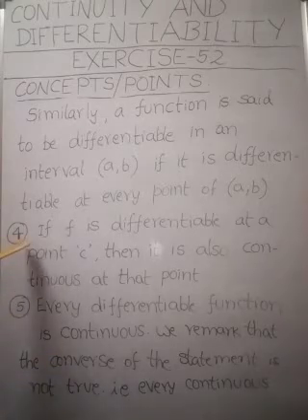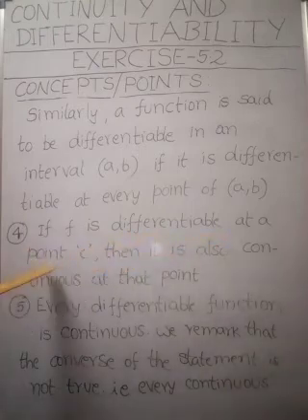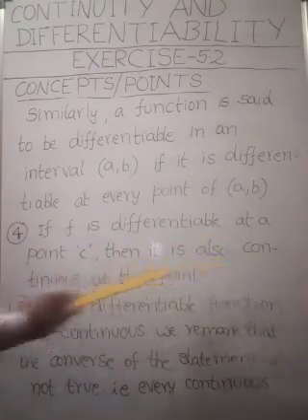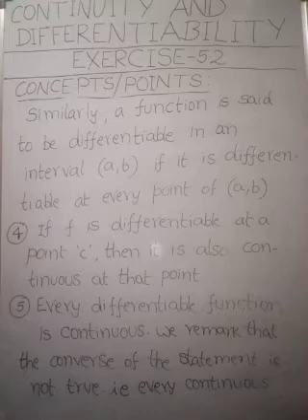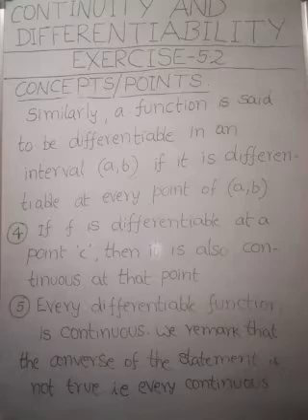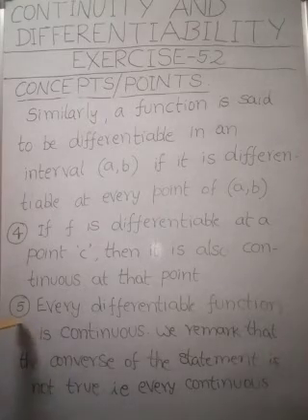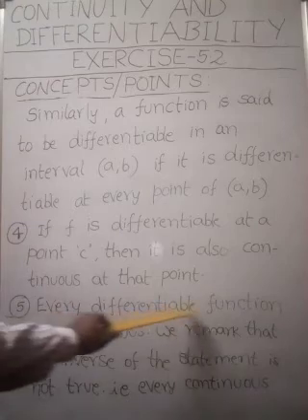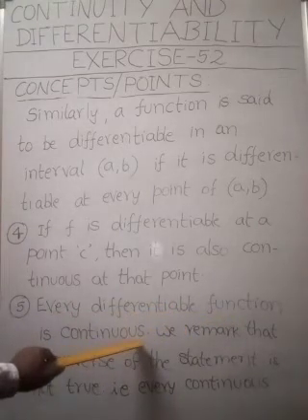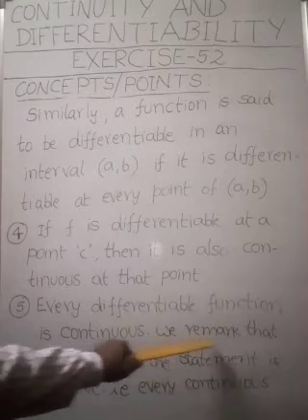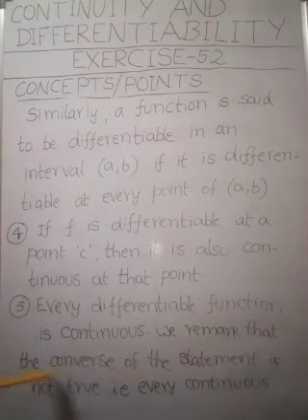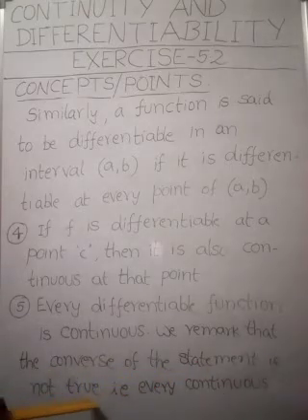Now come to the next point. If f is differentiable at a point c, then it is also continuous at that point. If a function is differentiable at a point c, then we can say that it is also a continuous function at that point. Now come to point 5. Every differentiable function is continuous, but we should note that the converse of this statement is not true.